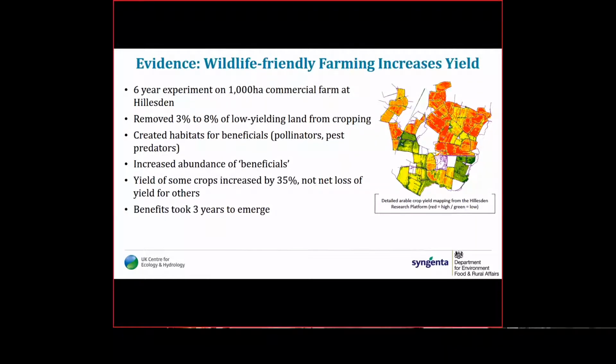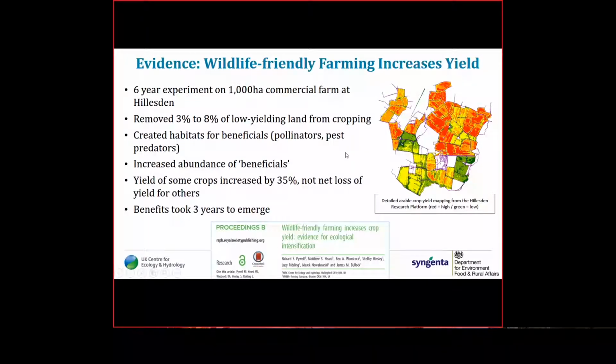So there's some interesting evidence, albeit not directly linking to pest control or pollination, but tantalizing evidence that by focusing on habitat for beneficials, you can increase yields of some crops and not suffer a net loss in others. And the paper's free to download, so you don't need a subscription to Proceedings of the Royal Society. If you haven't read it, it's worth a look.